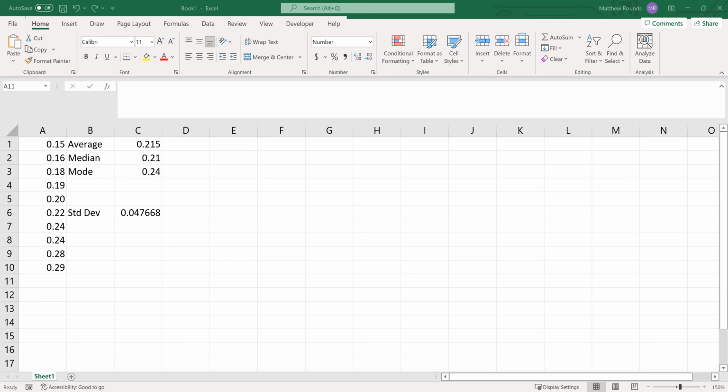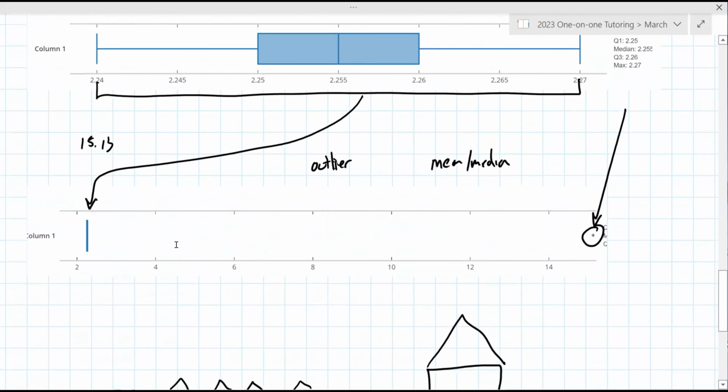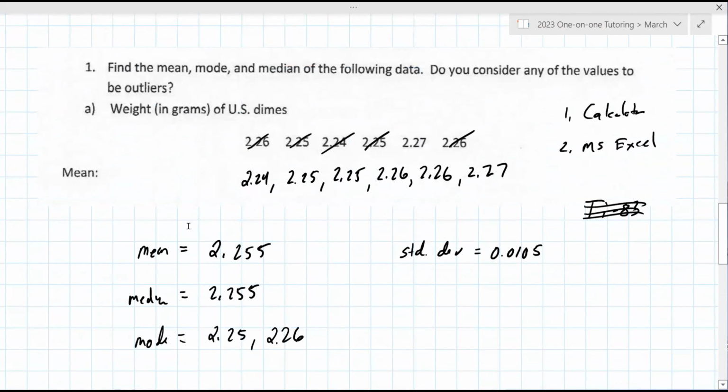So another thing to think about that we didn't really discuss in this problem here is units. So in the previous problem, the mean has a unit, the median has a unit, the mode has a unit, and the standard deviation has a unit. I see what you're saying. We should include that here.